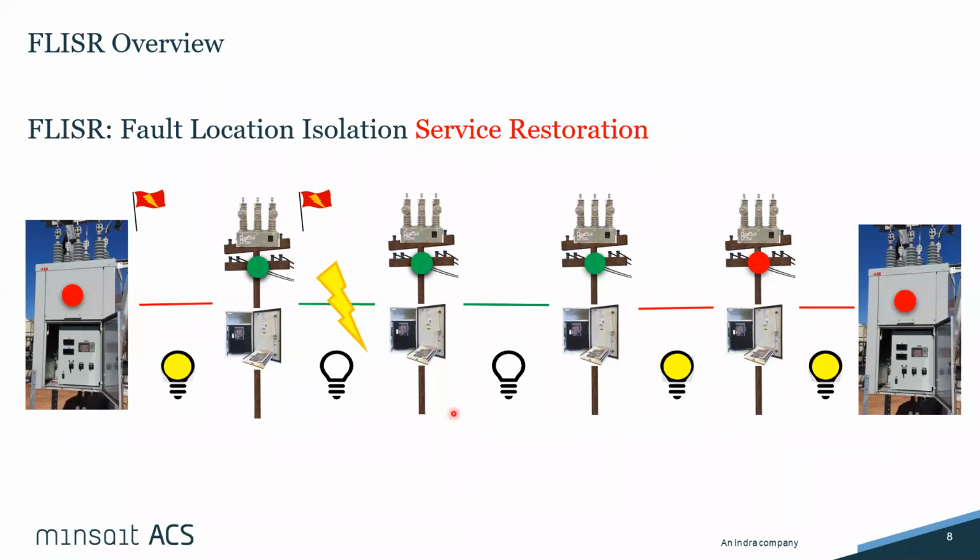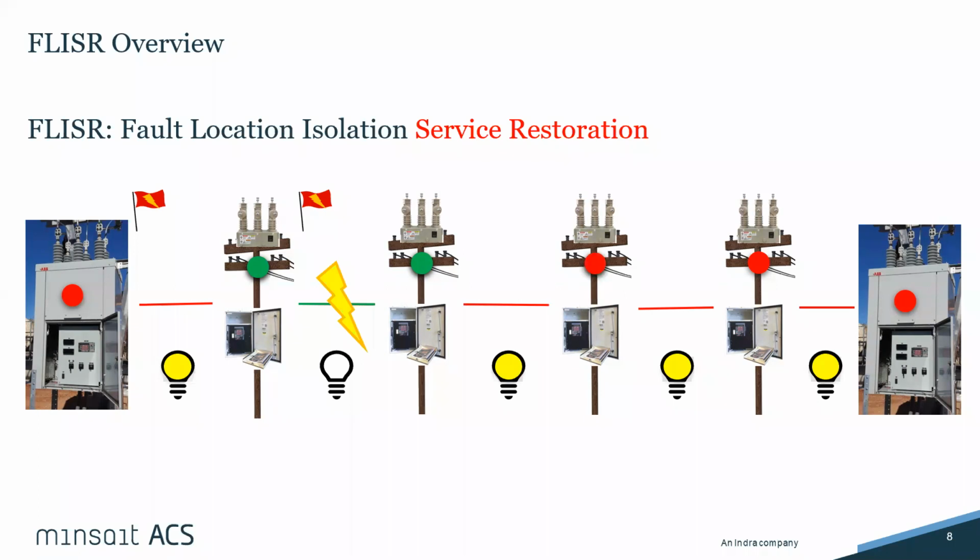Now, downstream restoration isn't as intuitive because we have to make sure that we have capacity to restore those customers from an adjacent service and be able to bring them back online. So the FLISR algorithm is going to look at how much load was on that segment prior to the fault, and then look at what the current loading is on this circuit, and assuming that there's capacity to add it, then we are going to bring those customers back online.